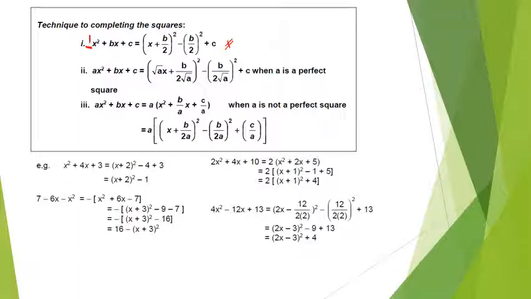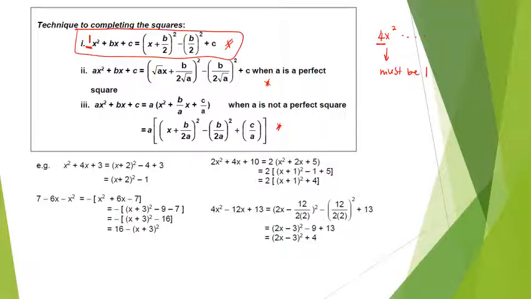Kena 1. Kalau bukan 1, kena tukar dia jadi 1 dulu. For example, we have 4x square, so 4 ni kena bahagi dengan 4 lah. So jadikan dia 1. Yang lain tak payah guna, so kita guna yang ni je, the first one.